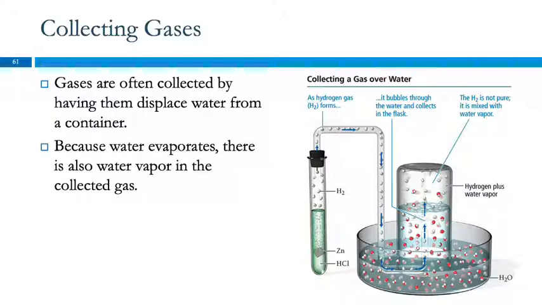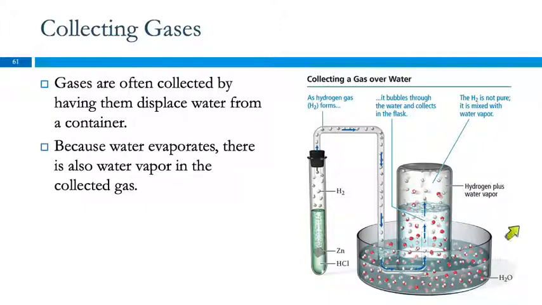So we can make gases by chemical reactions, gas evolution reactions. If we want to collect the gas, that's a little more involved than just collecting a liquid or filtering out a solid product. So we often collect gases by having them displace water from a container.